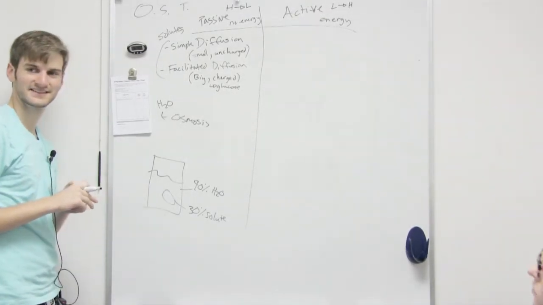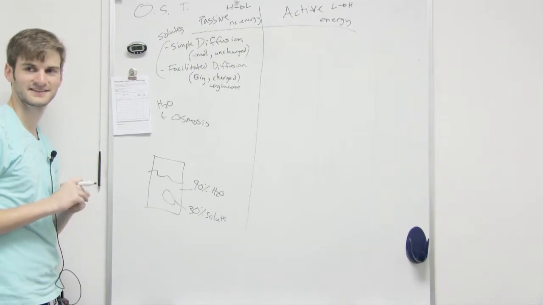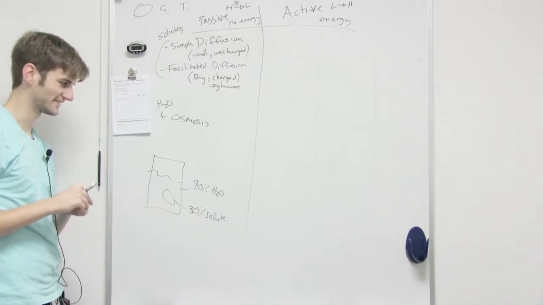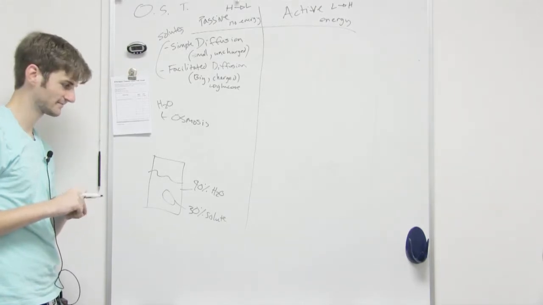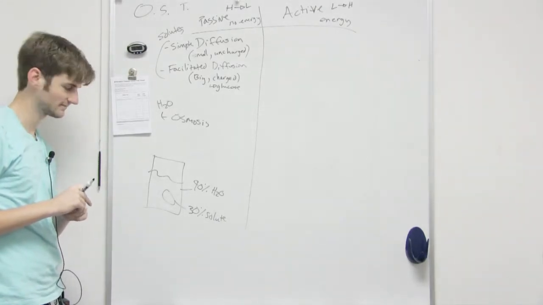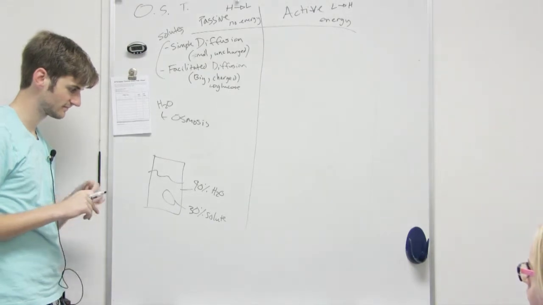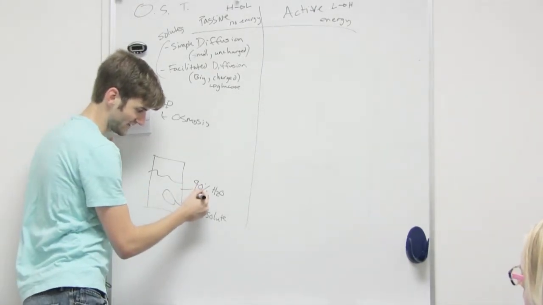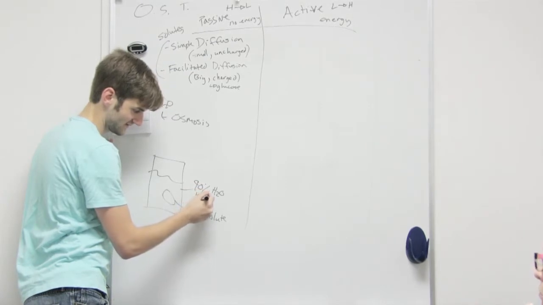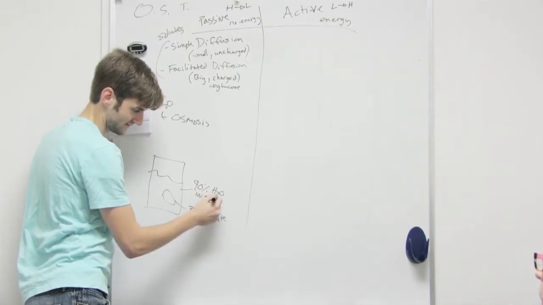So the solution's 90% water. Sorry, I had to think about this in my head again. No, you're fine. It gets bigger? No, it gets smaller because it wants to go to the water. Oh wait, it goes from the water into the cell. Perfect.